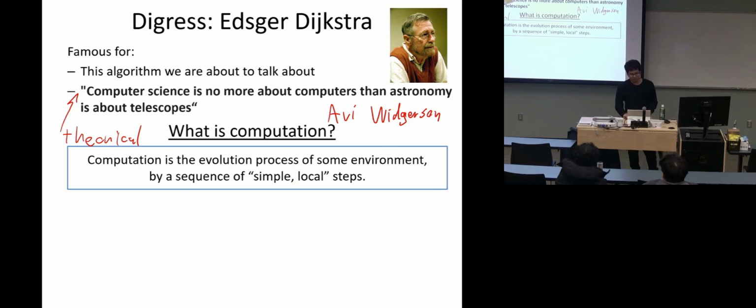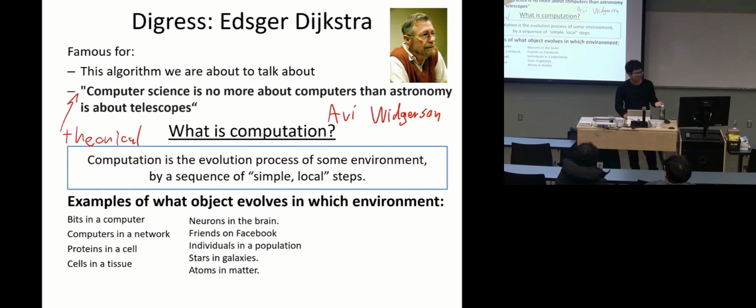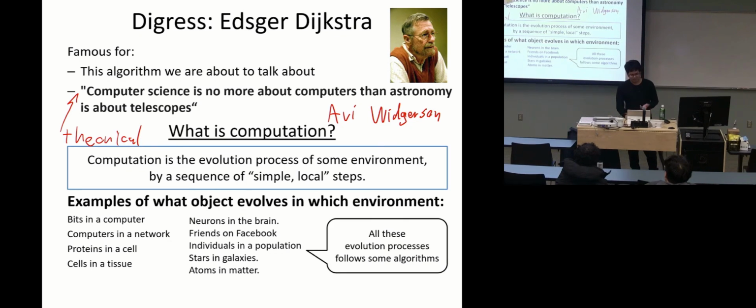If you put it this way, the examples of things that can be captured by computation are endless. Bits in a computer, or computers in a network that communicate with each other. But it can be something else, like proteins in a cell, cells in tissue, neurons in the brain, friends on Facebook, anything. You can model all of this, and the theory of computation has something to say about all these things. They all follow some algorithm, and that's why computer science is really universal.